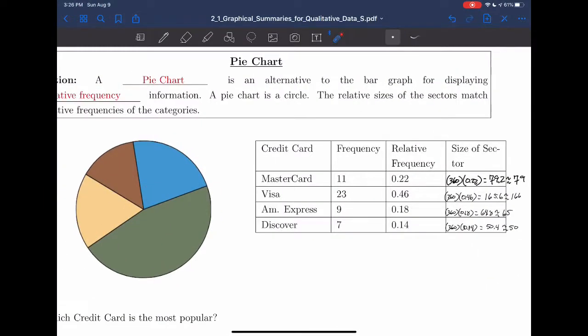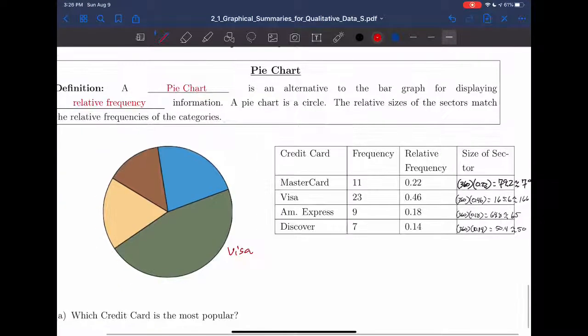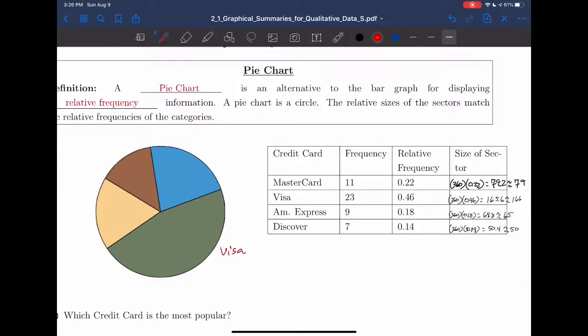So next, you want to match each sector to its rightful category. So how do we do that? We look at the biggest sector and the biggest degree, and they should match up. So in this case, 166 is the biggest, which is Visa. So this sector here should be Visa. Then we want to look at the next biggest, which is the blue one here.